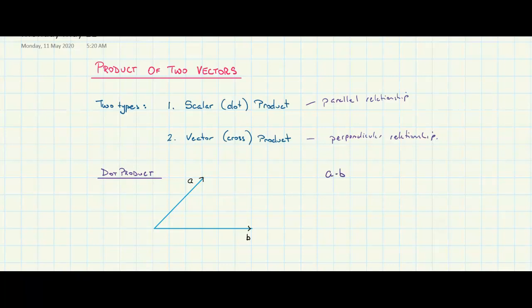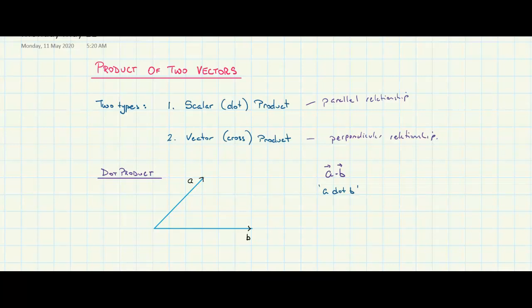When you see a dot, it might mean multiplication in another context, but when it's vectors and you see a dot between them, it's talking about the dot product. You might say this as A dot B. What it means is we're looking for the scalar product of A and B.